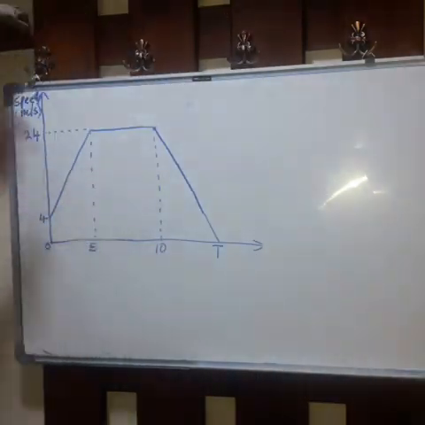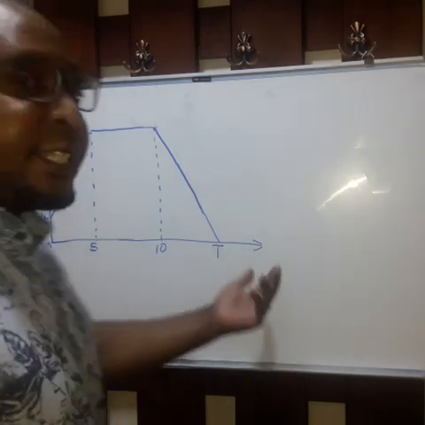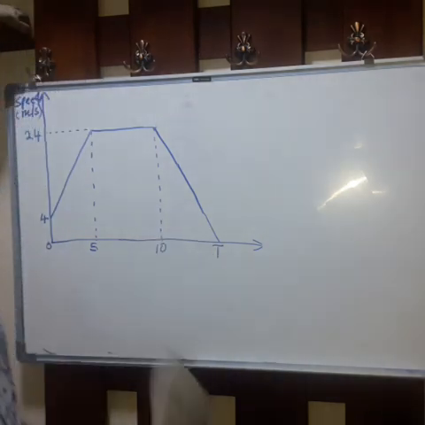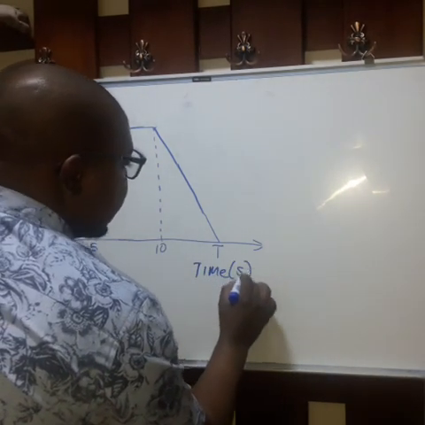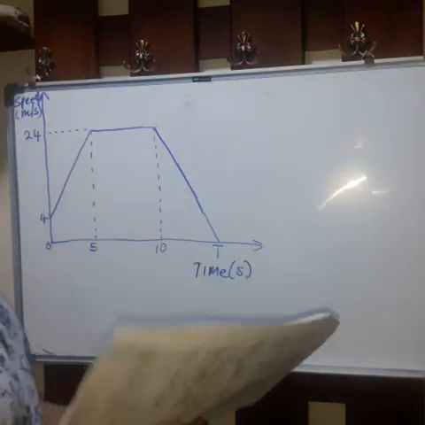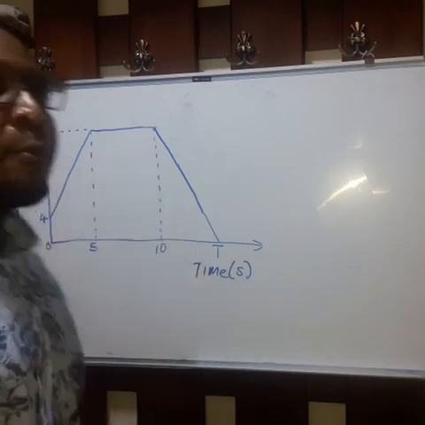In front of me, I've got a speed time graph, and on my vertical axis, I've got speed. On my horizontal axis, I've got time, which is given in seconds. This is the journey of an object, so we need to do some calculations.